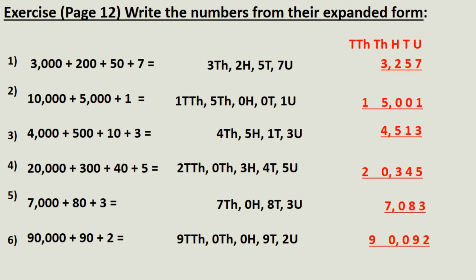number. In the same way, the second sum 10,000 plus 5,000 plus 1. 10,000 is 1 10,000 and 5 is 1000. 0 since there is nothing in hundreds place, 0 since there is nothing in tens place, and directly you take 1 which is in units place.